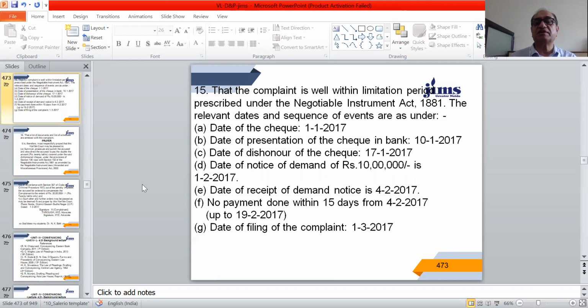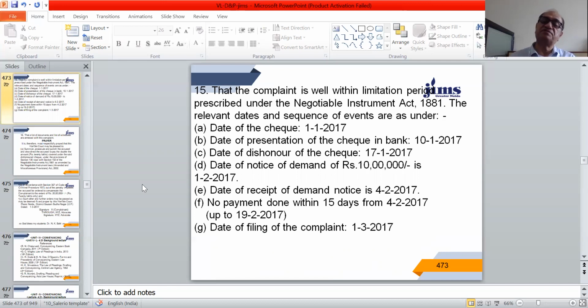Then dishonor of the check was on 17th January 2017. Then date of notice of demand of rupees 10 lakh is 1st Feb because the notice was given on 1st Feb 2017. And date of receipt of demand notice was after say 3 days. On 4th Feb, the notice was received by the accused.